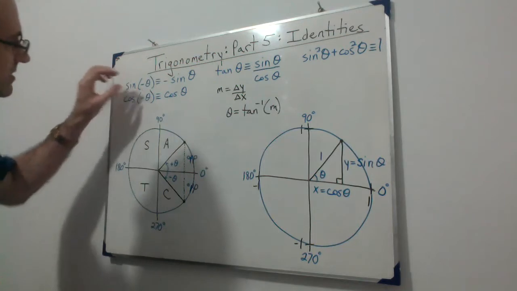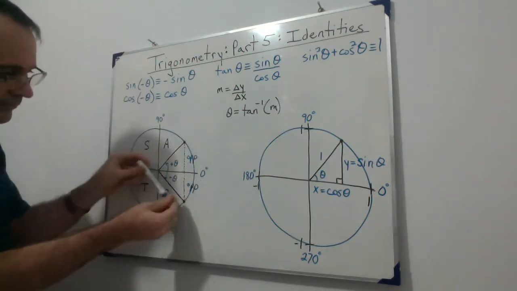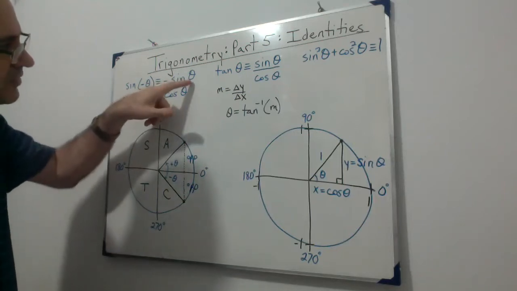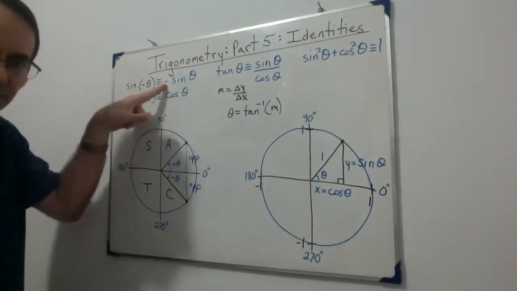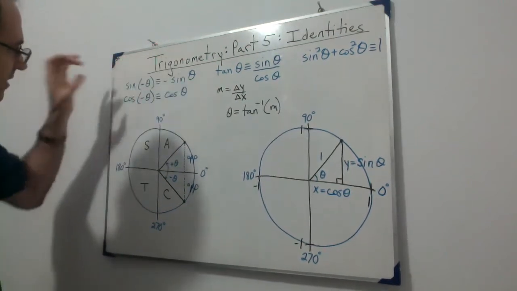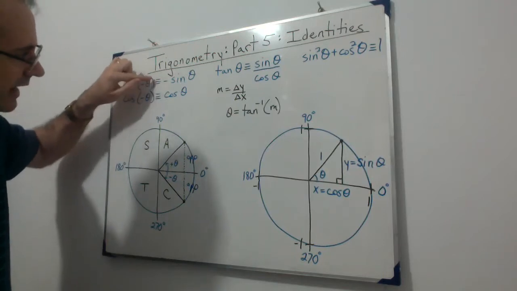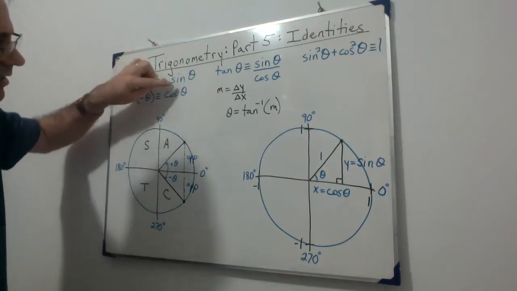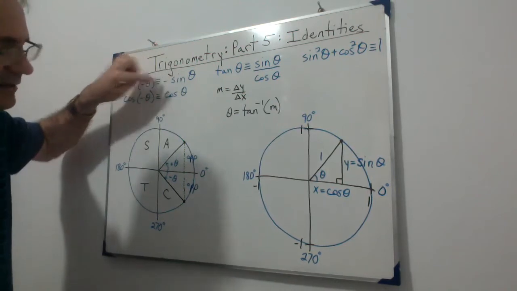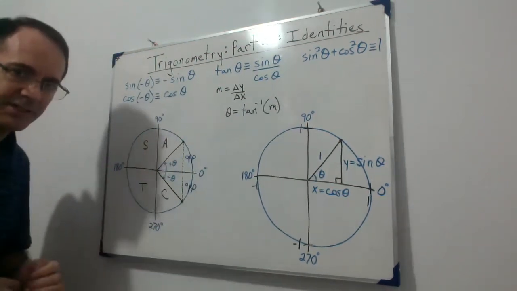So what we can say then is sine of a negative theta is the same thing as sine of theta, but in the opposite direction. So this becomes an identity. Sine of negative theta is the same as sine of theta, but in the opposite direction.